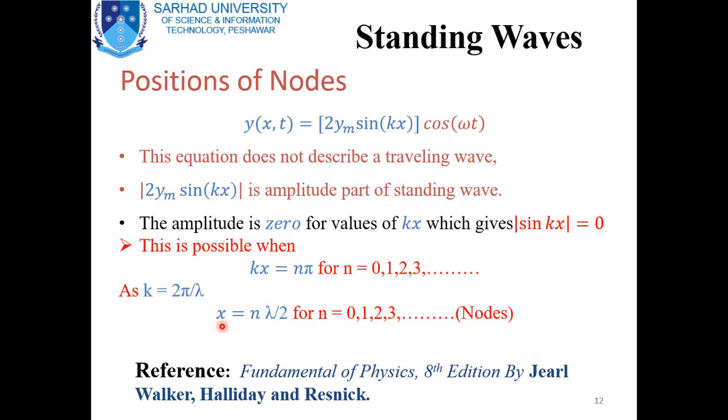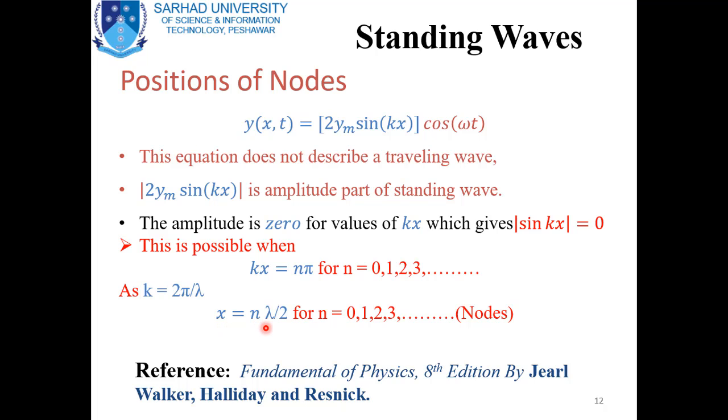This gives the positions of all nodes in the standing wave. The first node appears for n equal to 0, which is the origin, x equal to 0. The next node is at n equal to 1, half a wavelength away from the origin, and so on.